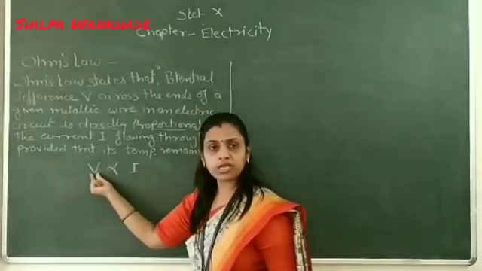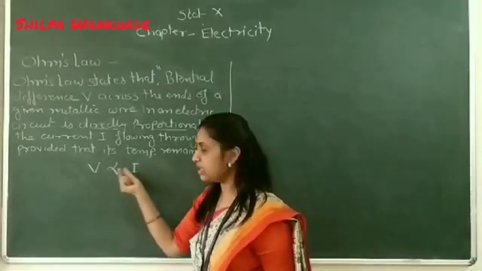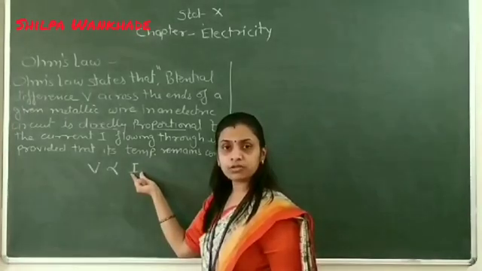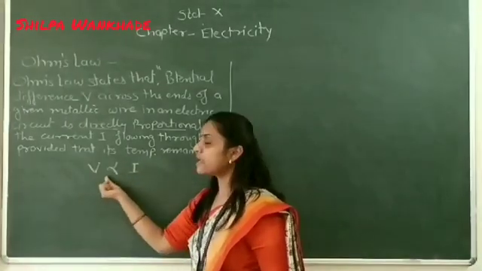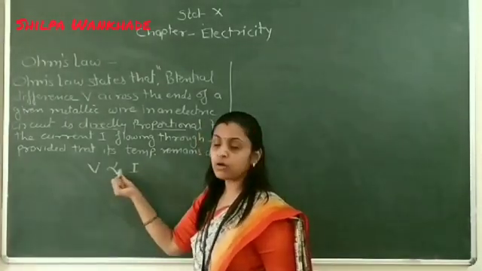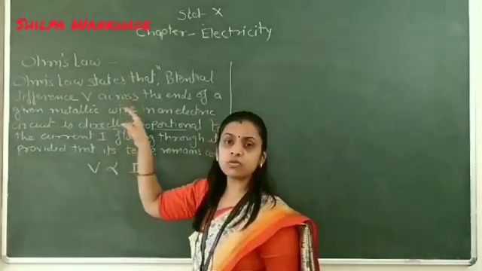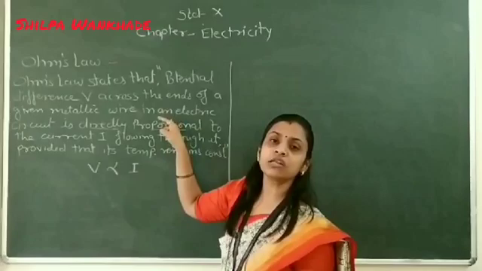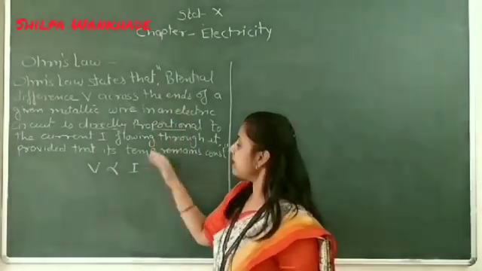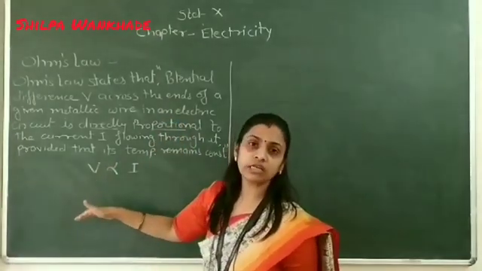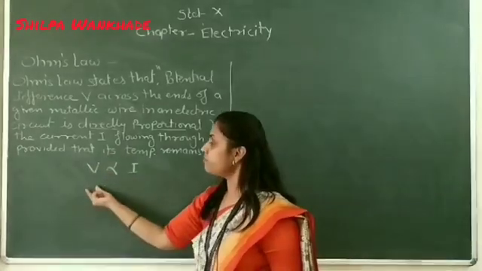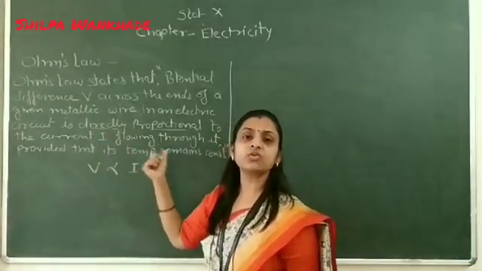So V is the potential difference across the two ends of a conductor and I is the current flowing through it, and both are directly proportional to each other. What do we mean by directly proportional? It means if we increase the voltage, then the current also goes on increasing. Or if the current increases, then the voltage also goes on increasing. So vice versa: if voltage increases, then current also increases.